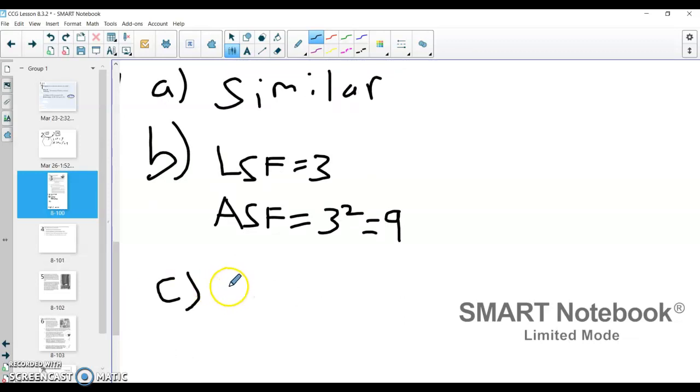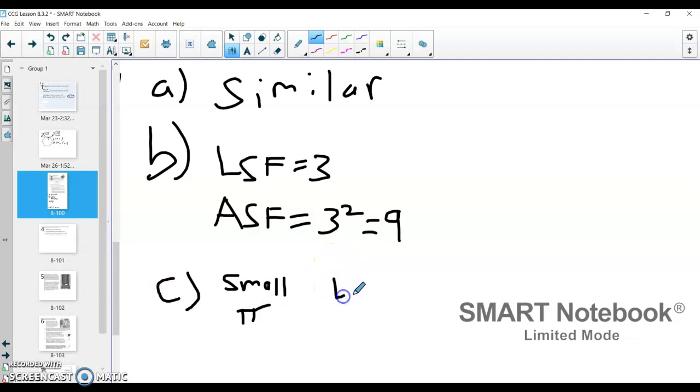Well, if the small shape, the small circle, has an area that is just pi, then the larger circle with radius 3 has to have an area that's 9 times bigger.